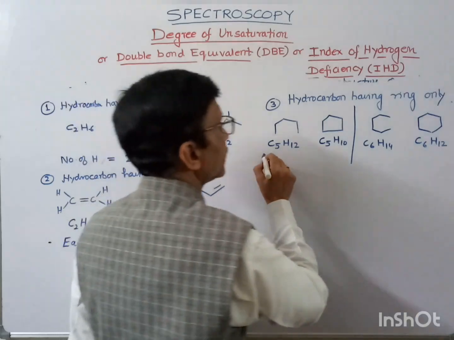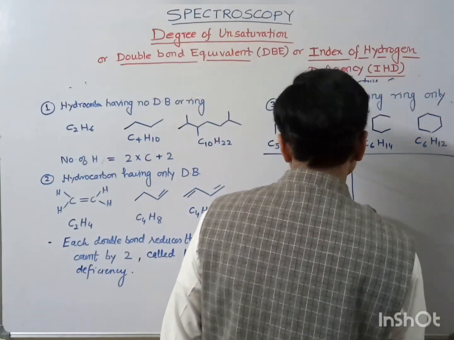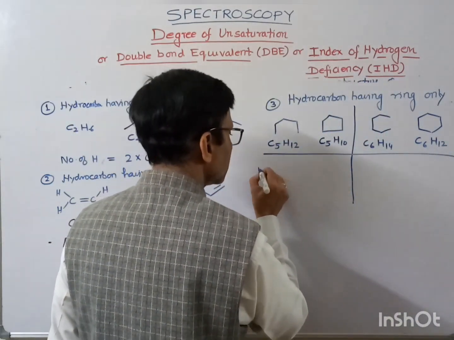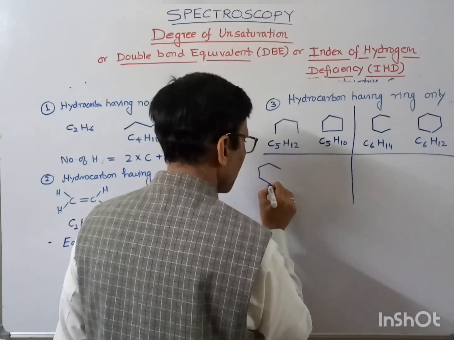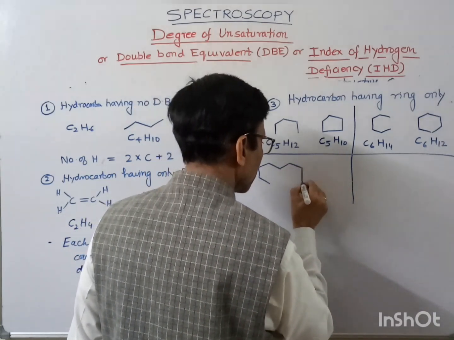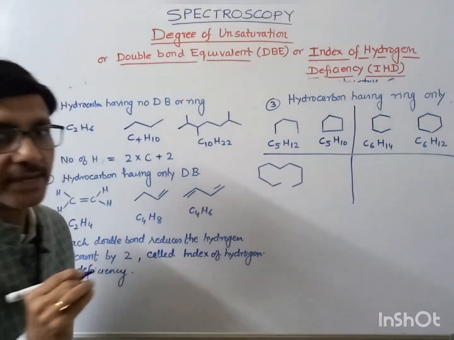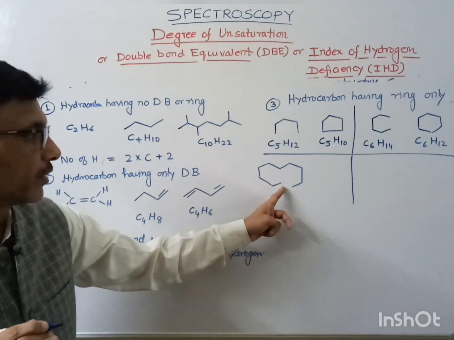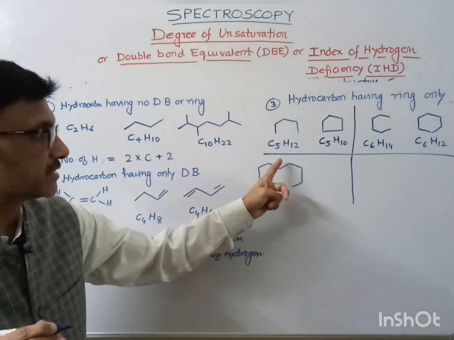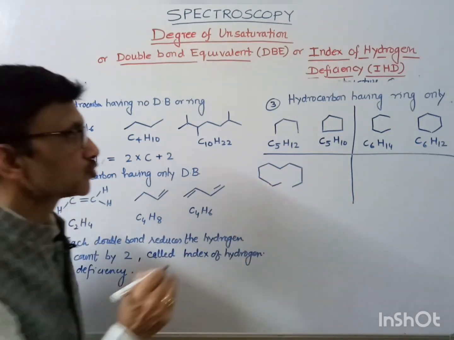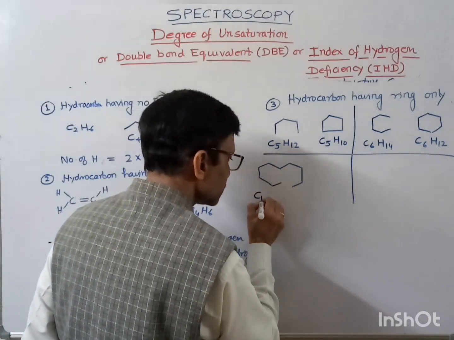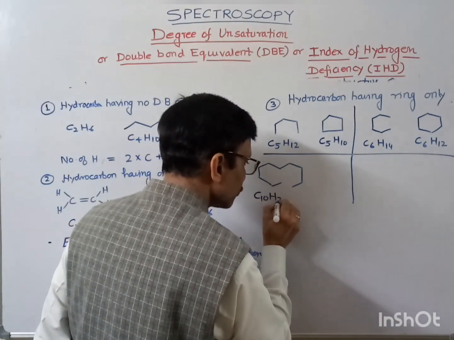In the same way, suppose I write this structure. How many carbon atoms are over here? If you see, this is 10 carbon atoms: 1, 2, 3, 4, 5, 6, 7, 8, 9, 10. So the molecular formula for this is C10H22.